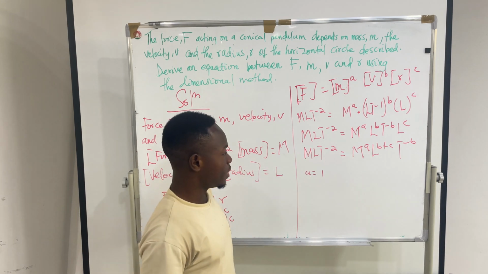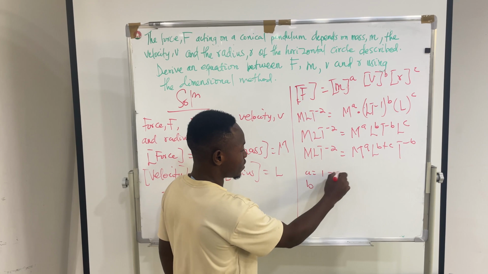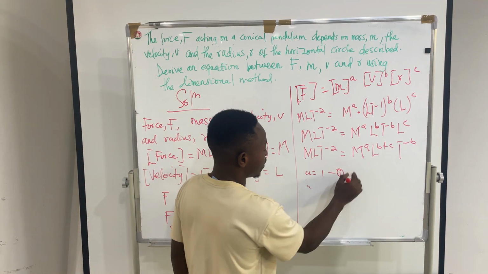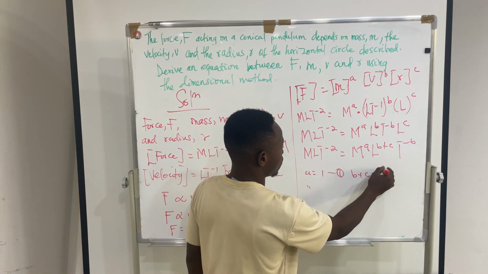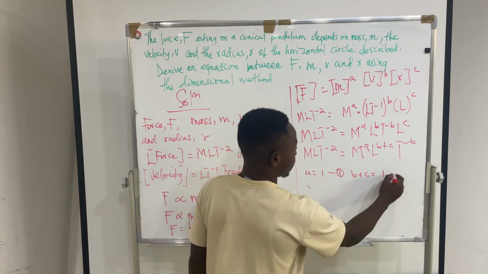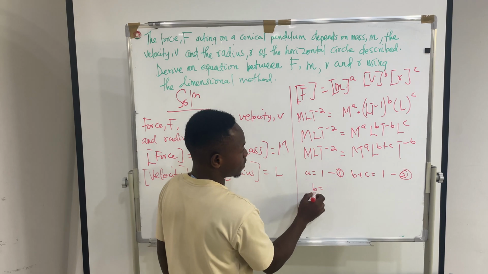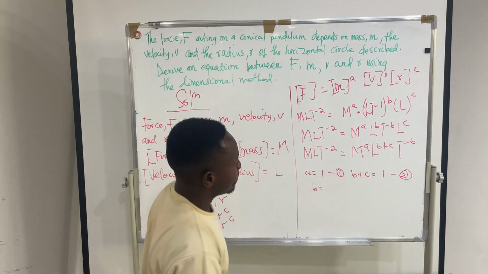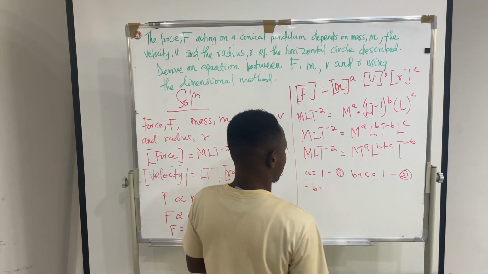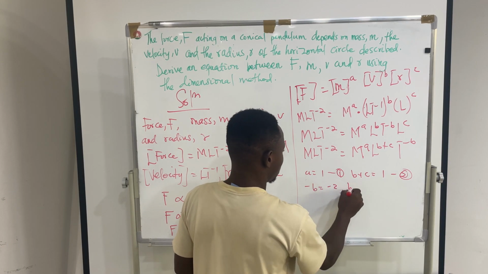So now I found a. This is my equation 1. I can also say b plus c equals 1. This is equation 2. I can also say negative b equals negative 2, and so my b is 2.